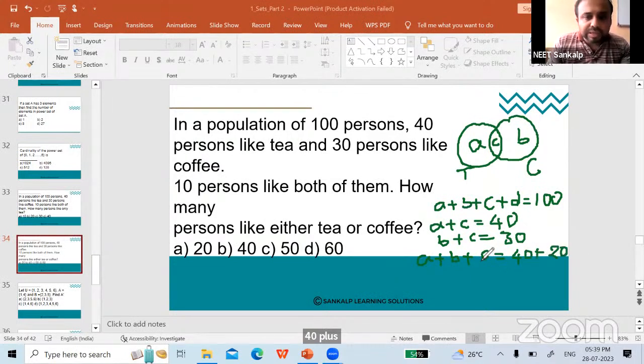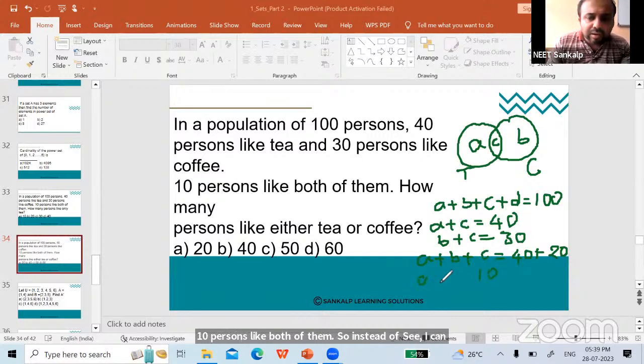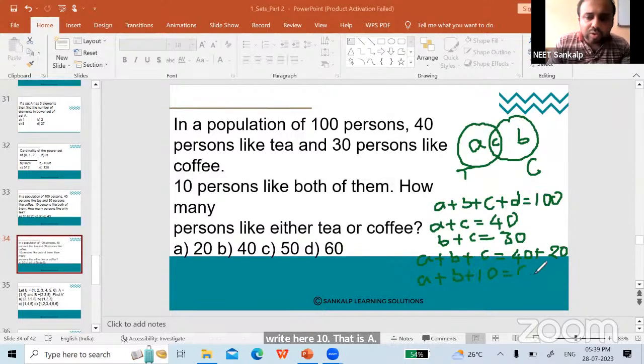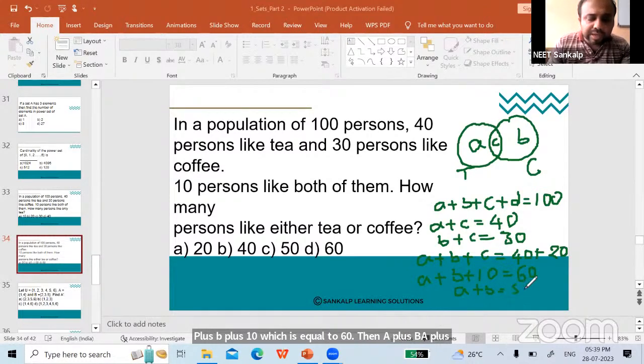A plus B plus C is 40 plus 20. Now C is already given in the question: 10 persons like both of them. So instead of C, I can write 10. That is A plus B plus 10, which is equal to 60. Then A plus B is equal to 60 minus 10. What is the answer for this?